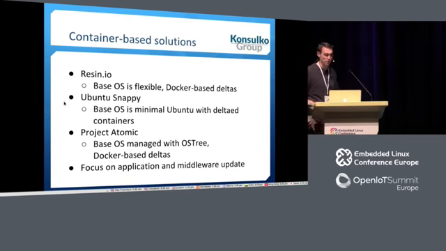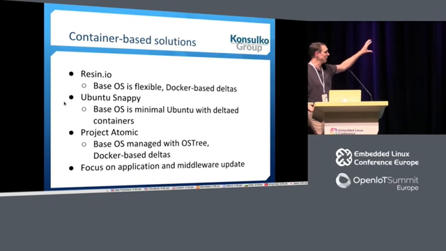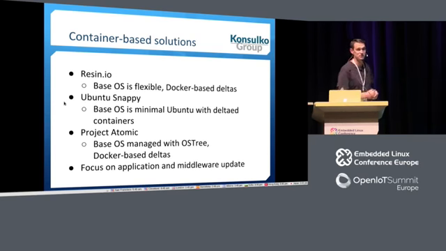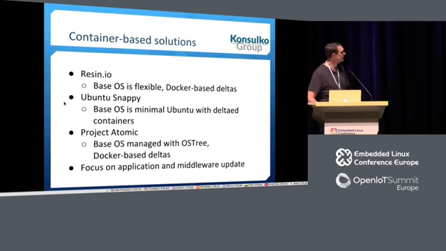You don't necessarily have to have one or the other. But all of these projects, their focus, at least on a high-end application, is the application and middleware update approach. They don't look at the base OS as much.